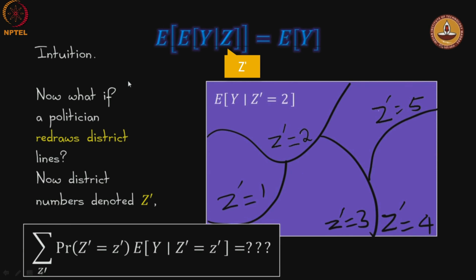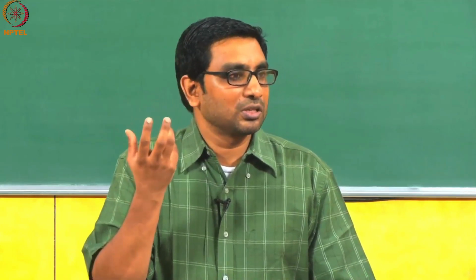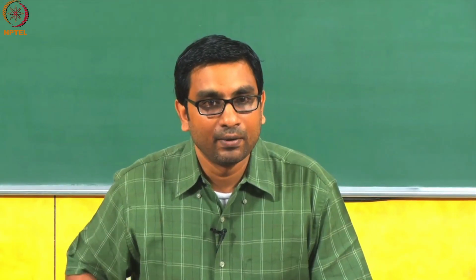So, that should be a Z prime over there, and intuitively again, what you are doing is this weighted height of people across this new districting, and there is some intuition that should tell you that, look, these are essentially the same. These are just weighted slightly differently based on two different politicians and whatnot, but essentially they are referring to the same quantity, and that is what is on the right hand side, expectation of Y. Only happens because expectation is linear. Yes. Intuition. Yes, that is correct.